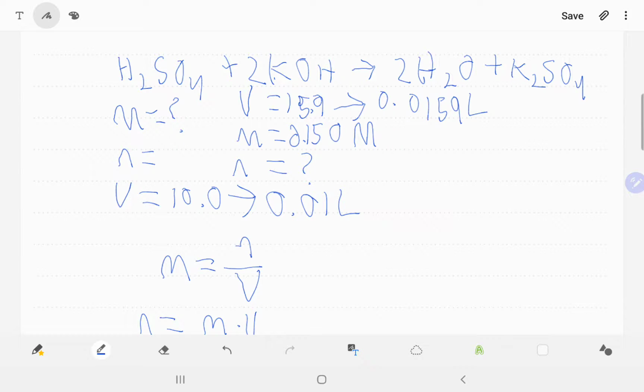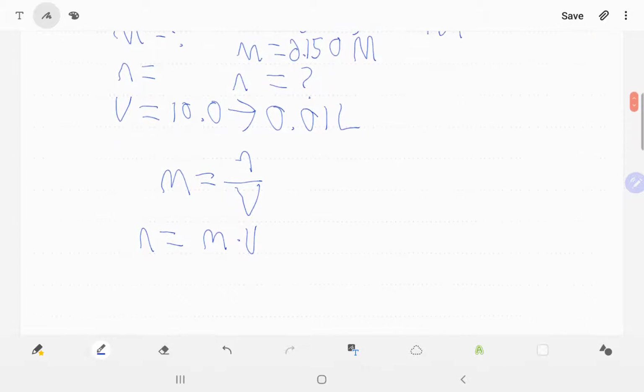Now that you converted both numbers into liters, what you need to do now is you simply plug it in. So you are given n equal to, you have your 0.15, which would go here.